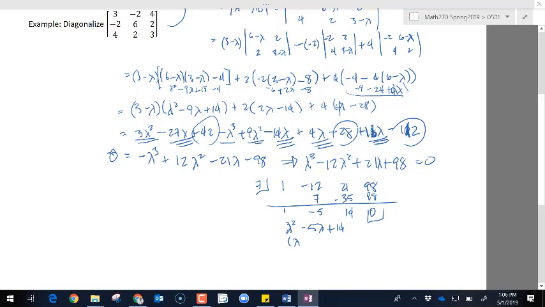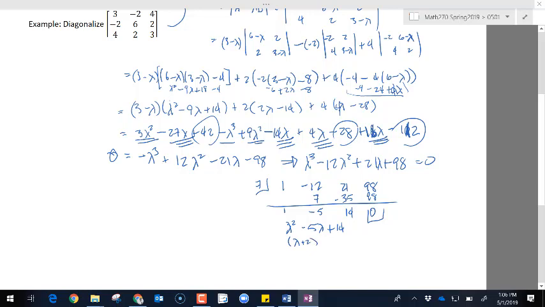Lambda, 7. Would that work? 7 and 2. Yeah. What was your answer? 7, 7, and what? Negative 2.